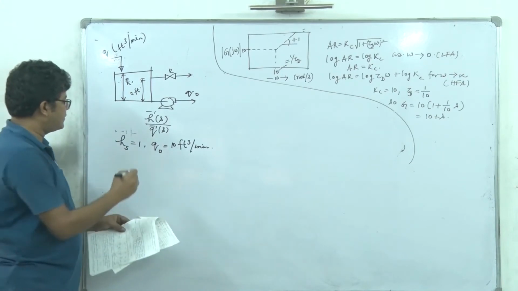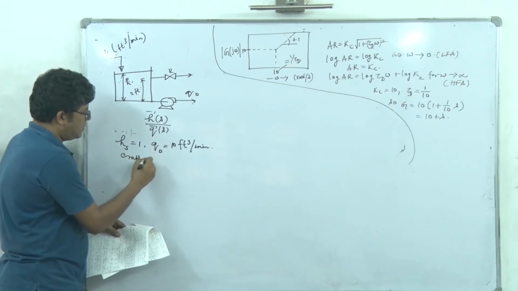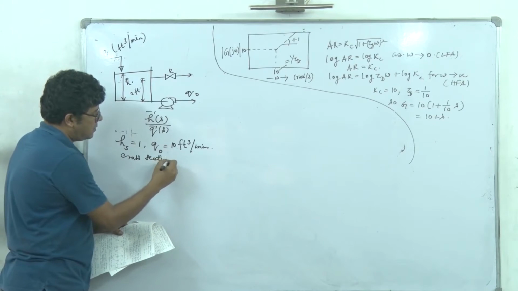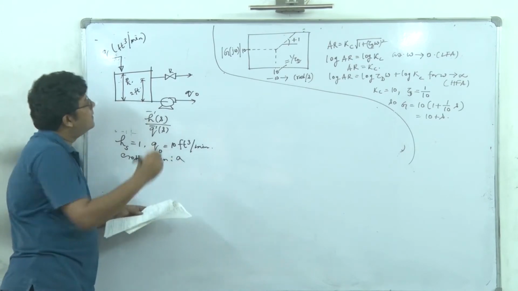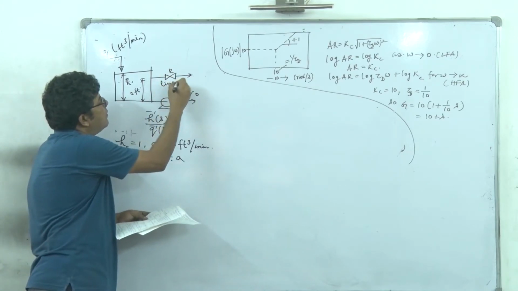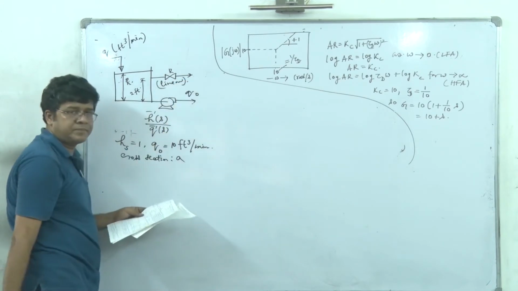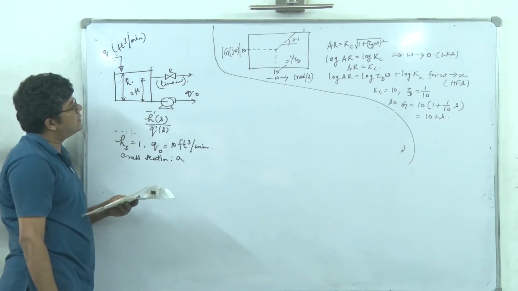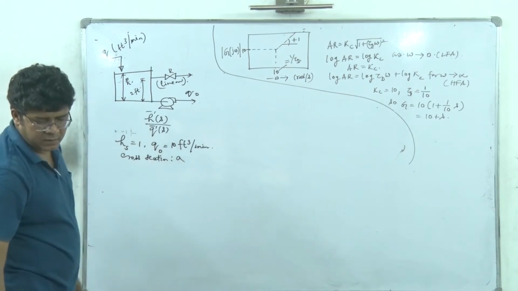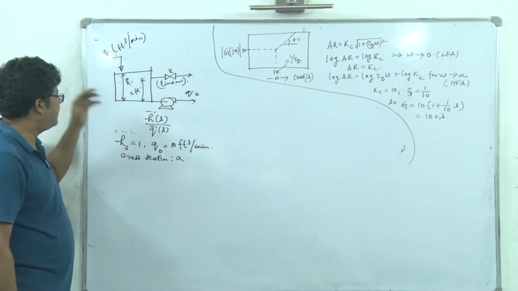And the tank cross section is A. This is a linear valve, right? So you are asked to calculate the transfer function.